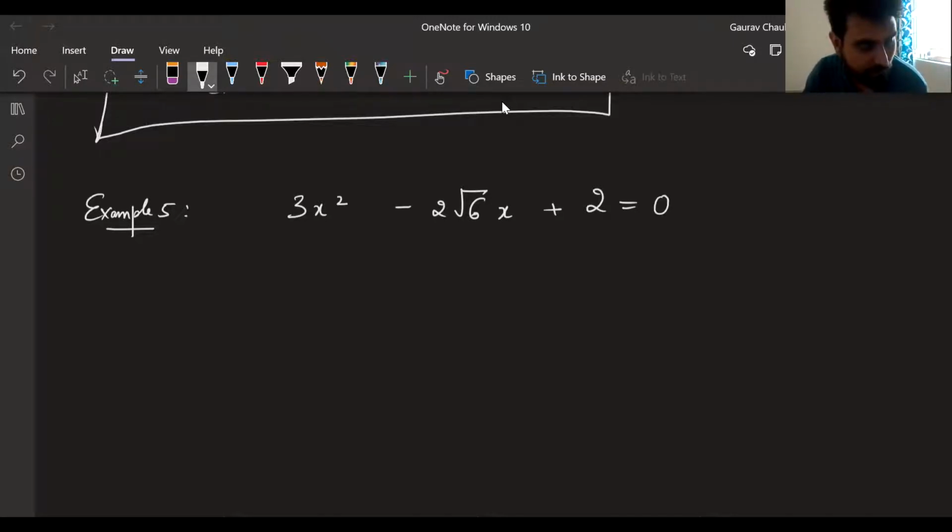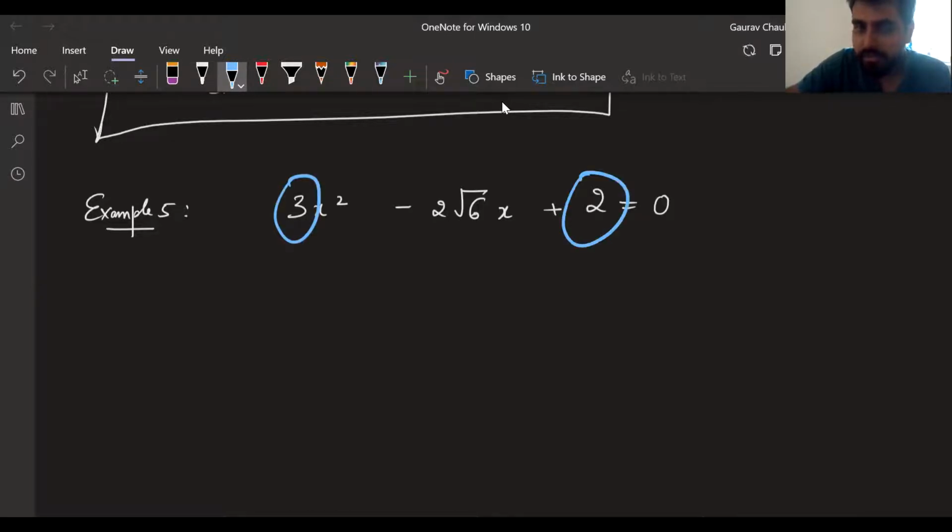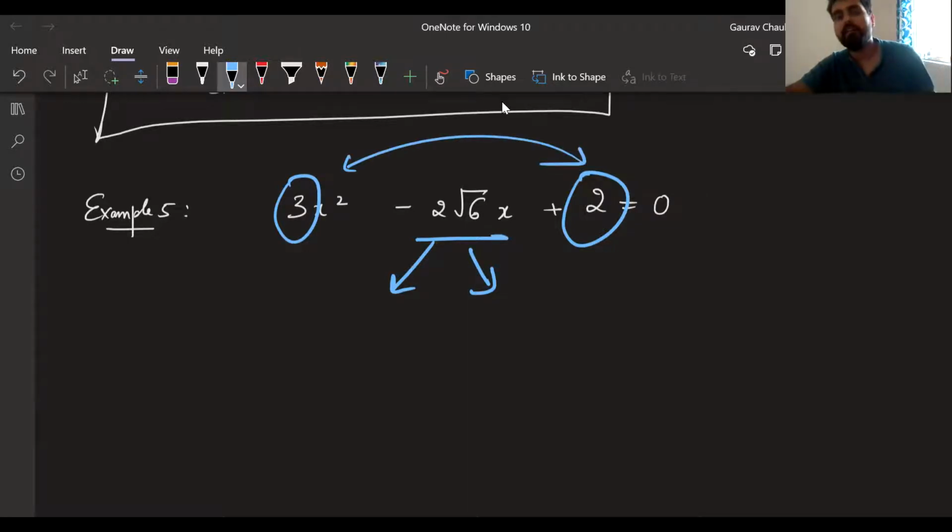Because all the other questions which we have seen so far, it will be very easy that you have a whole number here, and we split this into two terms that when we multiply, we should get this product, and when we add, we should get this. But here we are a little stuck.